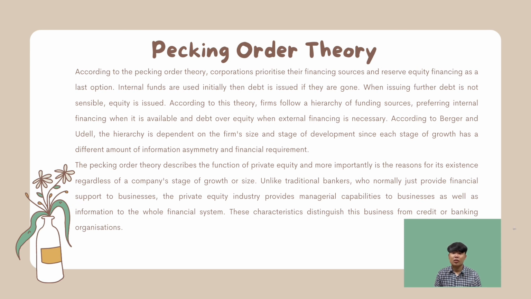Unlike traditional bankers who normally just provide financial support to businesses, the private equity industry provides managerial capability to businesses as well as information to the whole financial system. This characteristic distinguishes this business from credit or banking organizations.